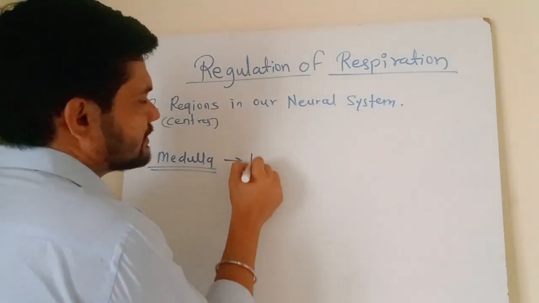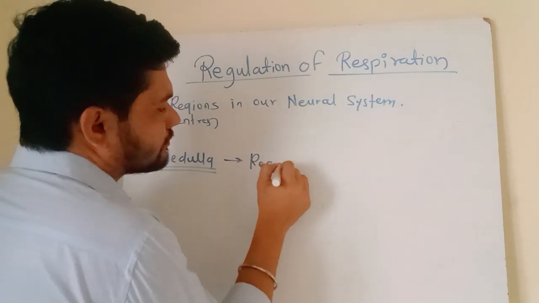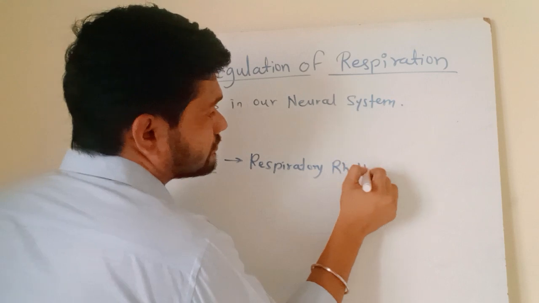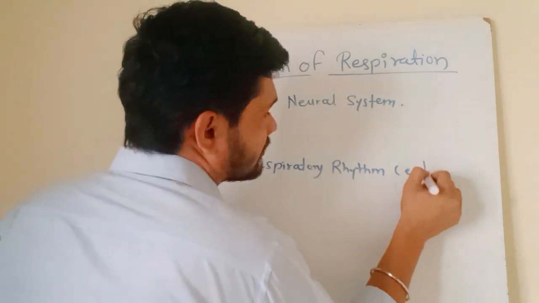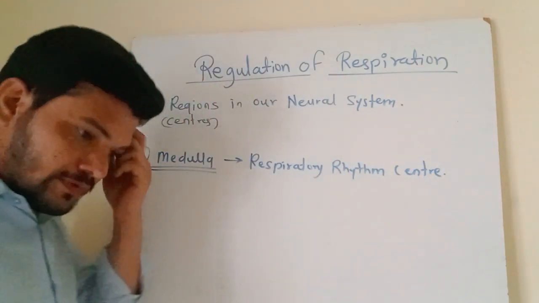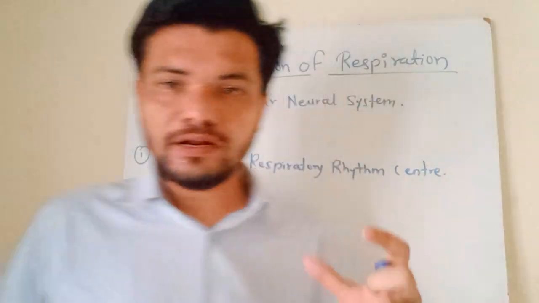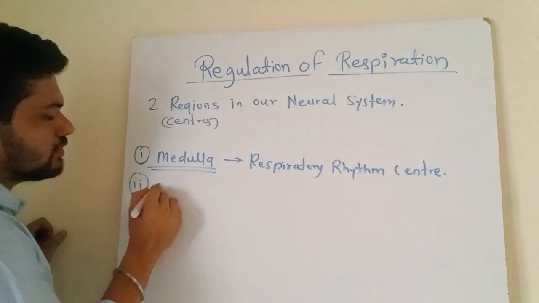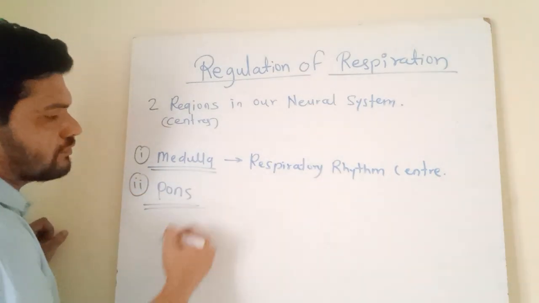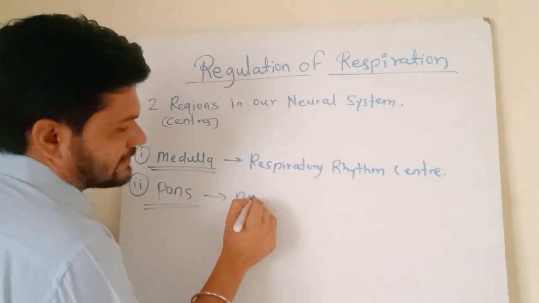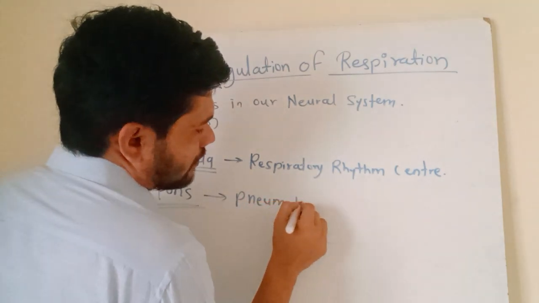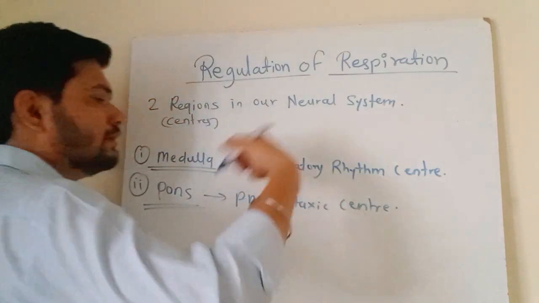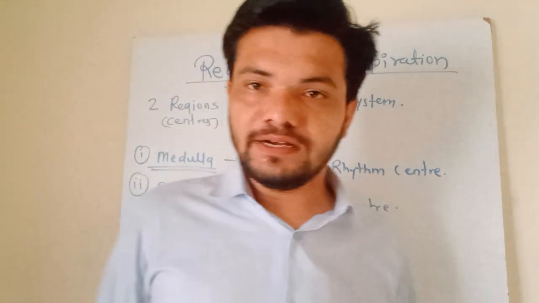Medulla contains the respiratory rhythm center, which controls the regulation of respiration. And the second region, present in your pons, which is also a part of your hindbrain, is called the pneumotaxic center, which controls the regulation of the respiratory rhythm center.